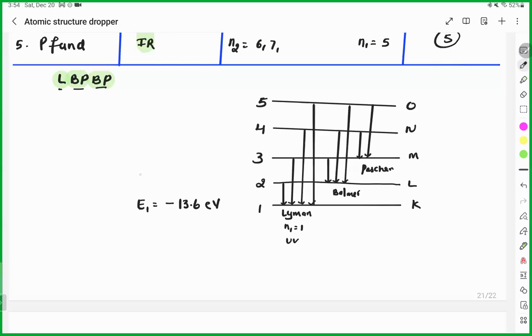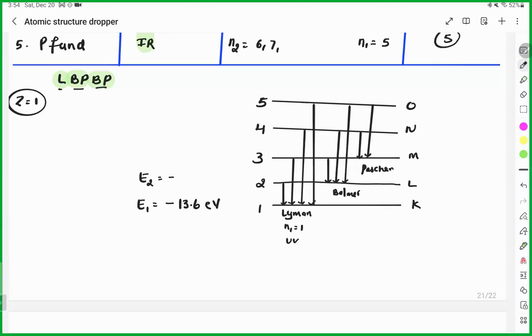Barinder, what will be the E2 value? What will be the Z value? Always 1. What will be the n value in E2? So Barinder, 2. No, n value will be 2, correct? What will be the total energy?